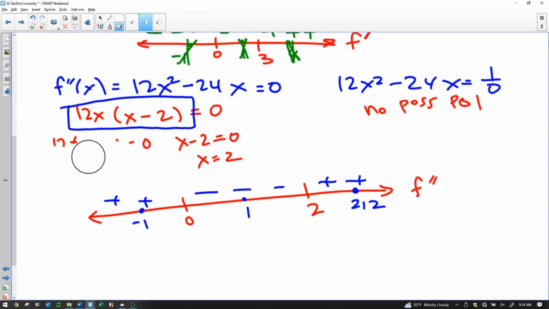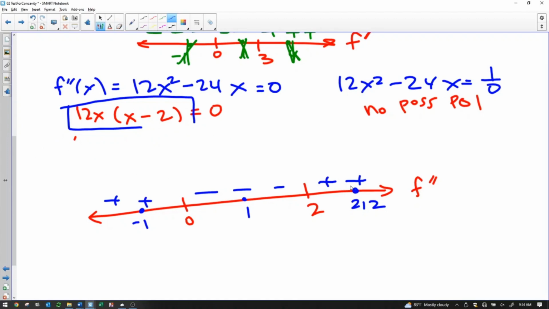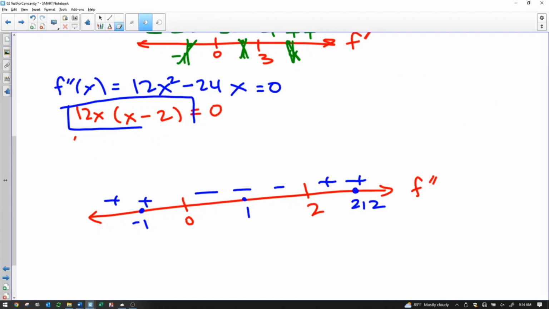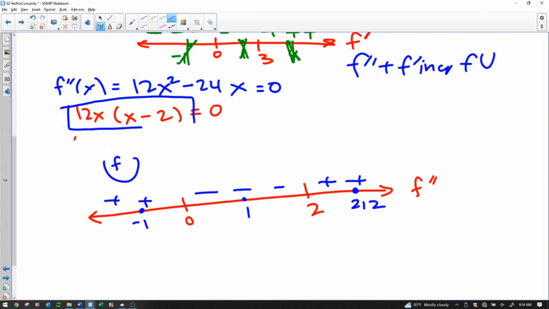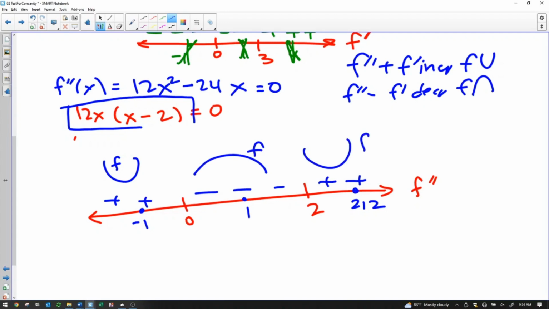Now here's where it goes different. When f double prime is positive, f prime is increasing, but f is concave up. So what I know about f here is that f is concave up. When f double prime is negative, f prime is decreasing, but f is concave down. So what I know here is f is concave down, and this is f is concave up.